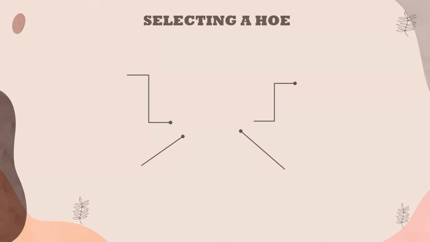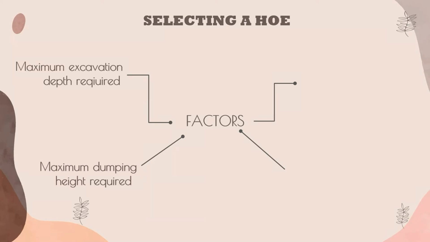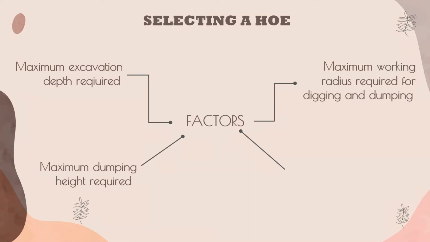Selecting a hoe. There are a few factors that should be considered in selecting a hoe. Factor number 1 is maximum excavation depth required. Number 2 is maximum dumping height required. Number 3 is maximum working radius required for digging and dumping. And the last one is hoisting capability required. Here is the guideline for rated hoist load.